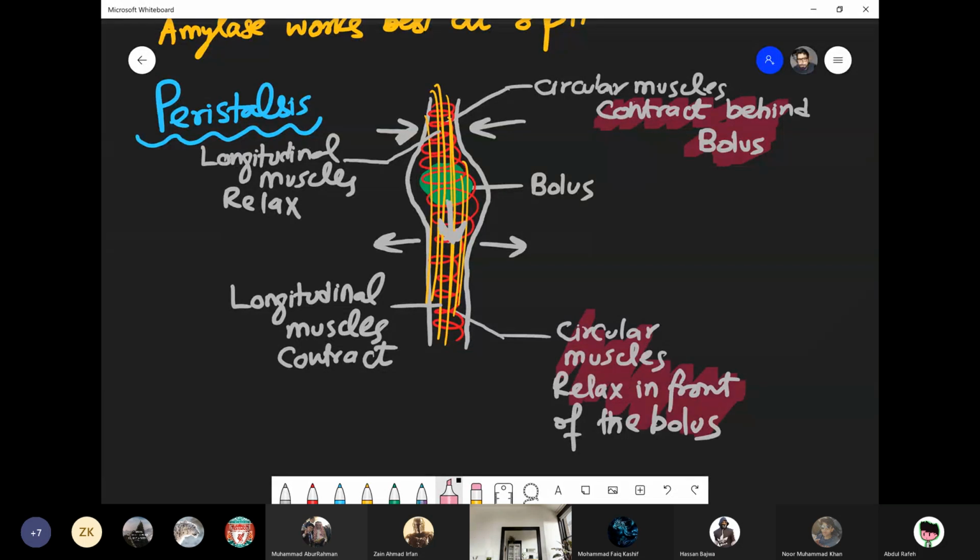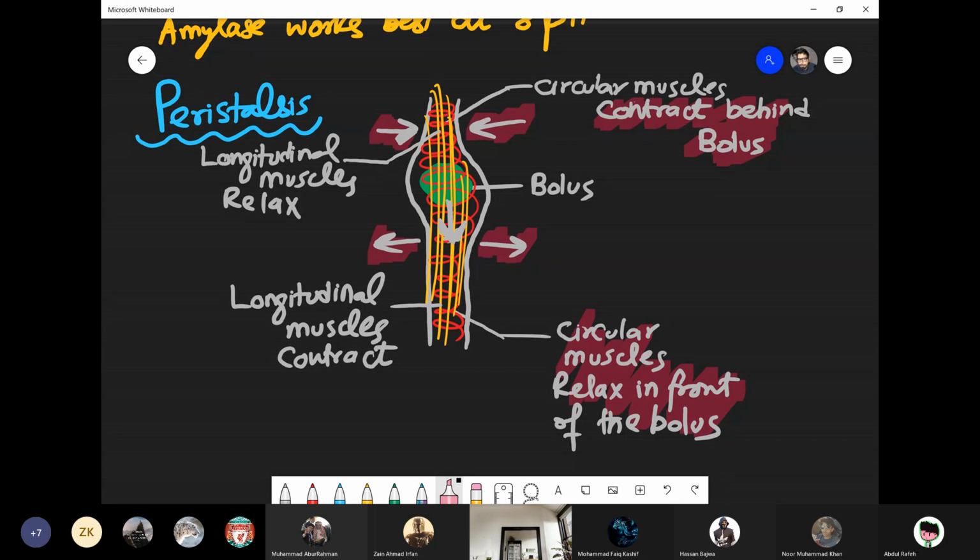As the circular muscles relax in front of the bolus, the tube will become open from the front, and when the circular muscles contract behind the bolus, the tube will squeeze from the back. I have shown it with the arrows, right? And the food or the bolus will move downward.